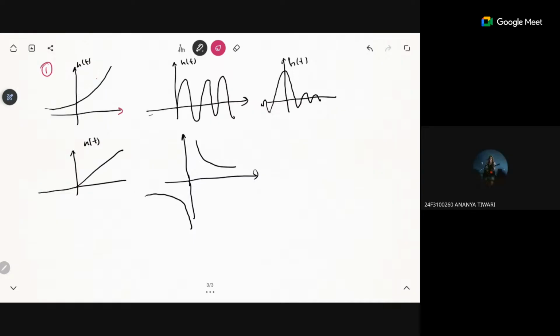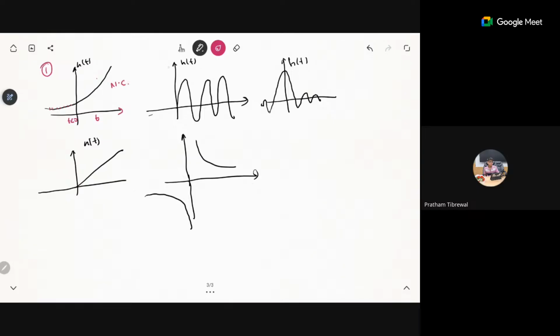Are you sure? Non-causal, sorry, not causal. It's lying on both sides, so there are non-zero values when t is less than 0. So this is non-causal.